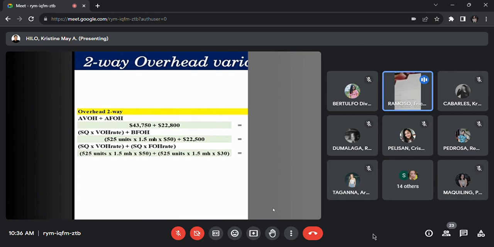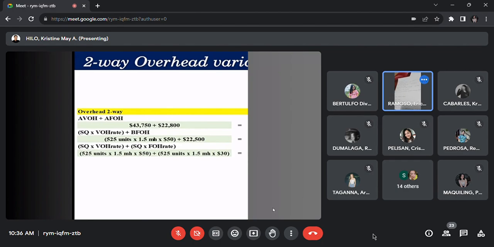The two-way overhead variance is actual variable overhead plus actual fixed overhead. So the given here is 43,750 plus 22,800. The result is 66,550.